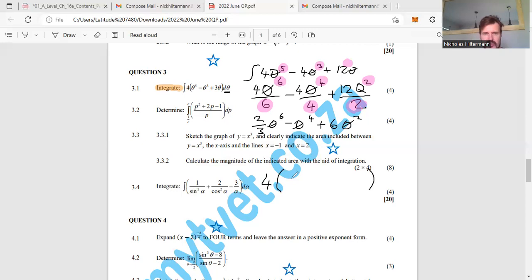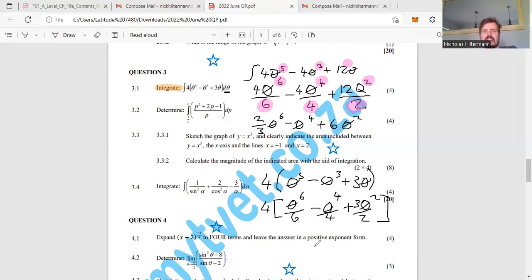So let's just write it out again. I would say that would then be 4 times theta to the 6, add 1 to the exponent, divide by 6, theta to the 4, divide by 4, theta to the 2, divide by 2, so 3/2.